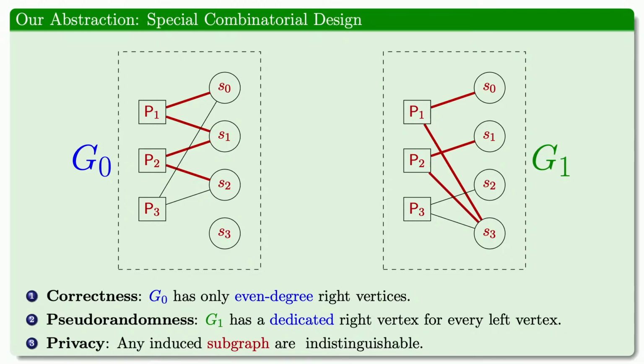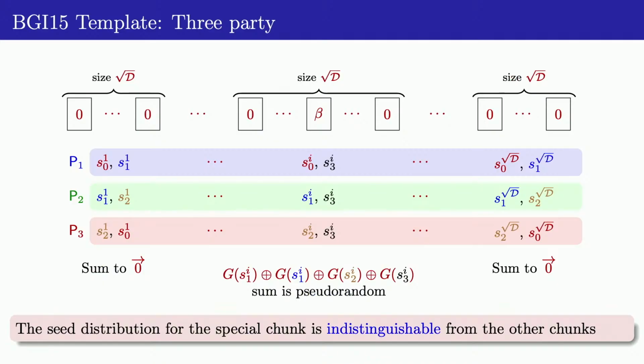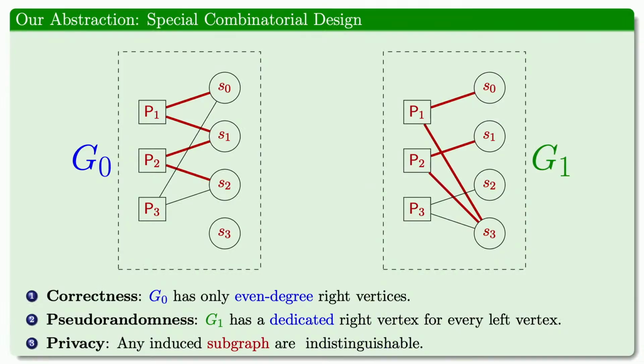G1 is the way you distributed the seed for the special chunks. Recall that in the non-special chunk, there are 3 seeds, each given to 2 of the parties. This is exactly what G0 looks like. And for the special chunk, we give S0, S1, S2 each once to a party, and then 1 seed to all 3 parties. This is exactly what G1 looks like.